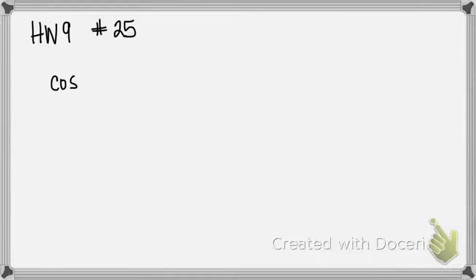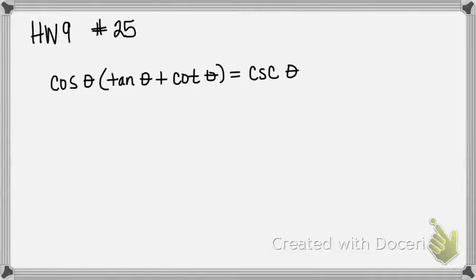It says cosine multiplied by the tangent plus cotangent equals cosecant. So we need to verify that.